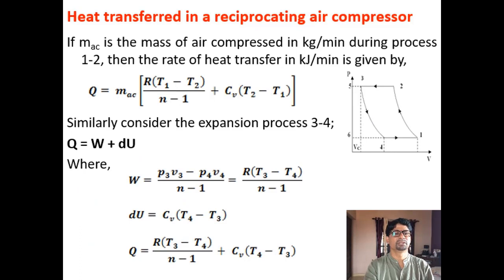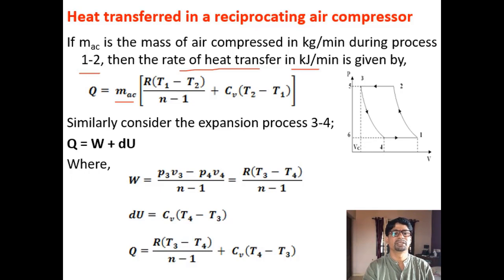Now, if m_AC is the mass of air compressed in kg per minute during the process 1 to 2, then the rate of heat transfer: whenever you want a rate, that is per minute or per second, you have to multiply by the mass of air compressed. So Q you will be getting as m_AC into the expression from the previous slide, that is R into (T1 minus T2) by (n minus 1) plus Cv into (T2 minus T1).